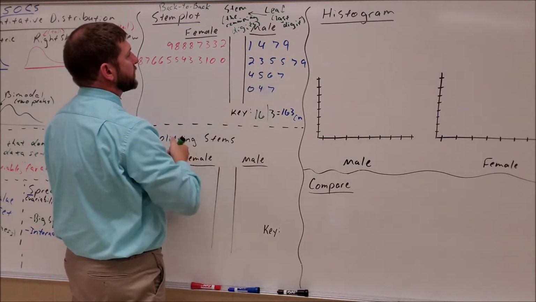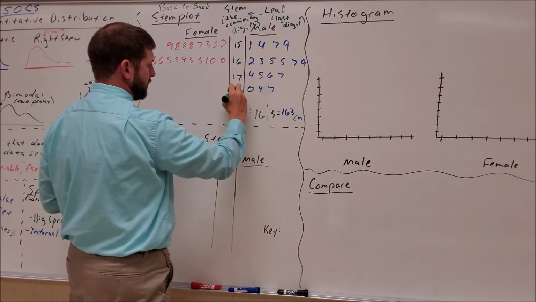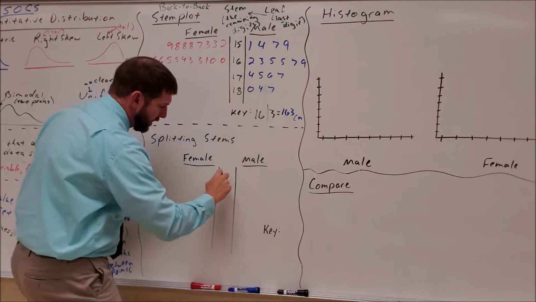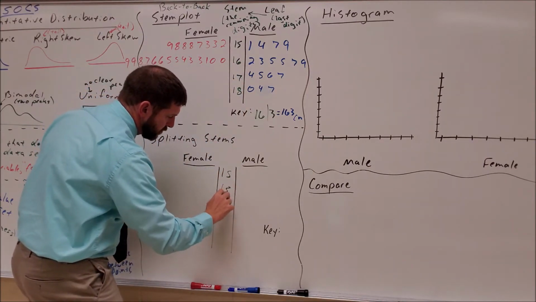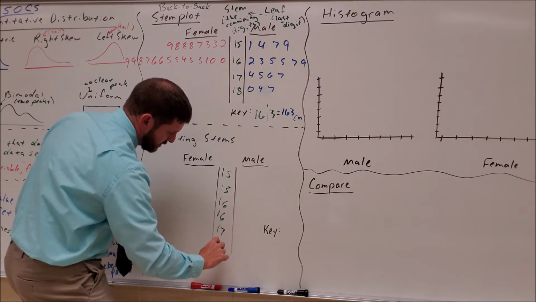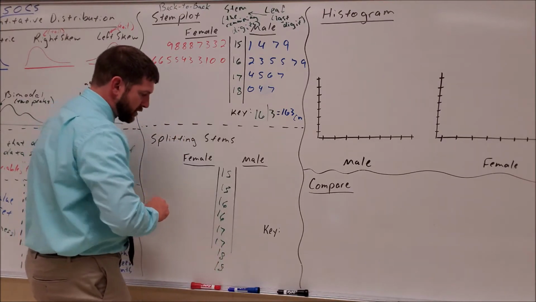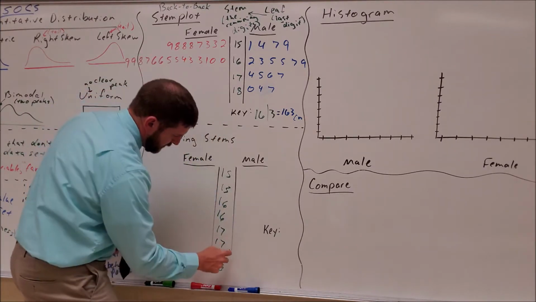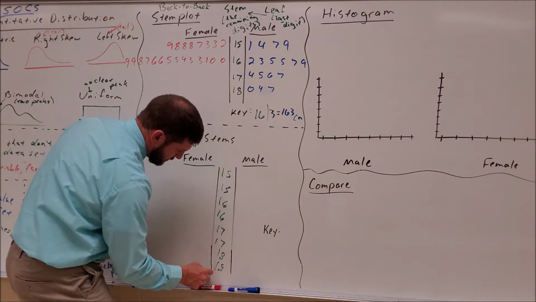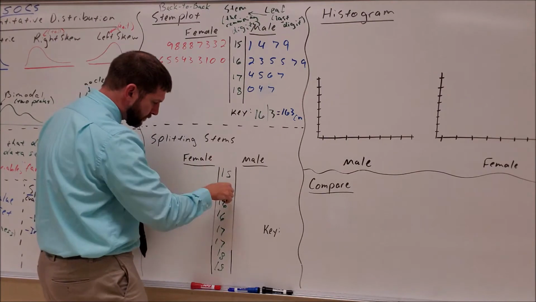Stems are obviously supposed to be green here. So I'm going to use my 15s twice, my 16s twice, my 17s twice, 18s twice. So we end up getting a back-to-back stem plot that looks like this.